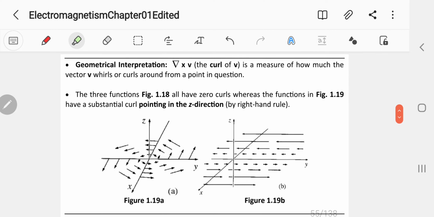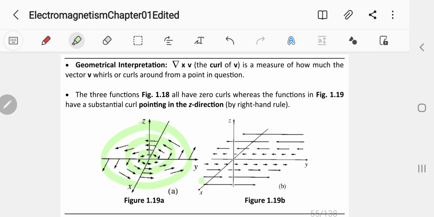So this is the geometrical interpretation of the curl. You have a source point like a magnetic field. The magnetic field curls around a source, the wire for example. So this one here curls the source.